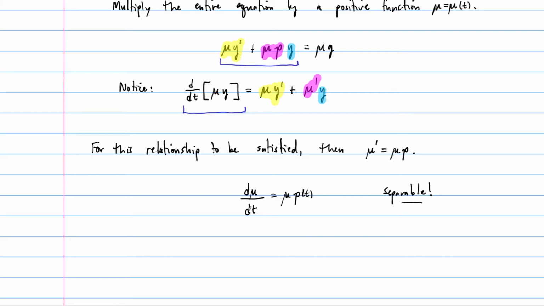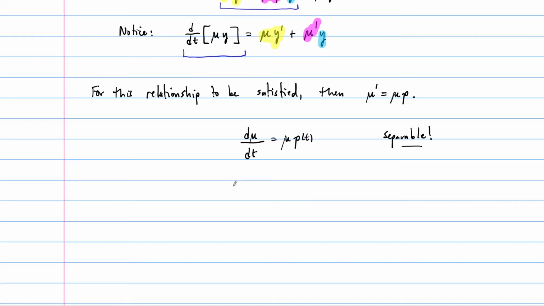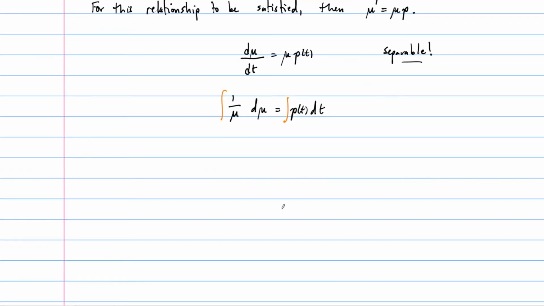So what do we do? We divide by mu, multiply over the dt, and we get this equation. So 1 over mu d mu is equal to this function p of t dt. We can just integrate both sides. And we end up with natural log of the absolute value of mu is equal to this integral. We don't know what p is in general, so for right now it's just the integral of p dt.